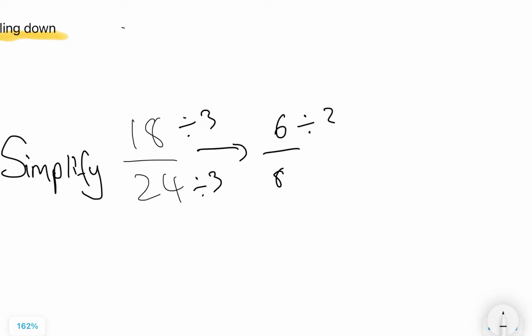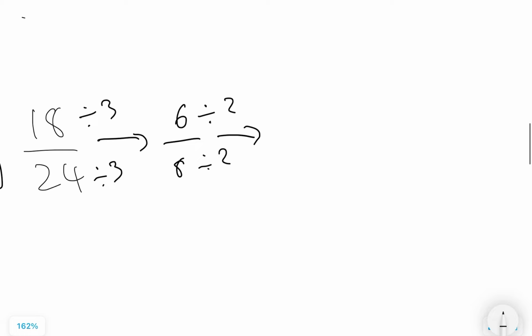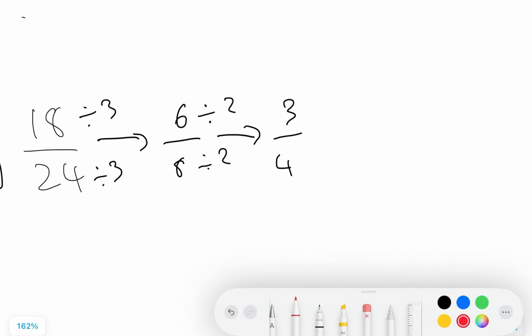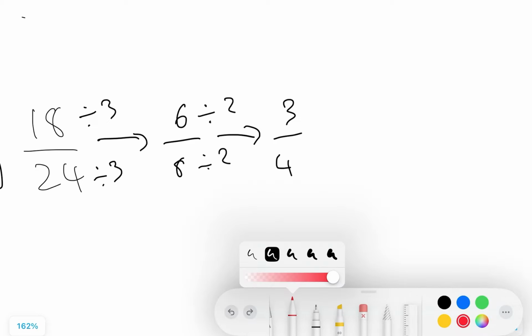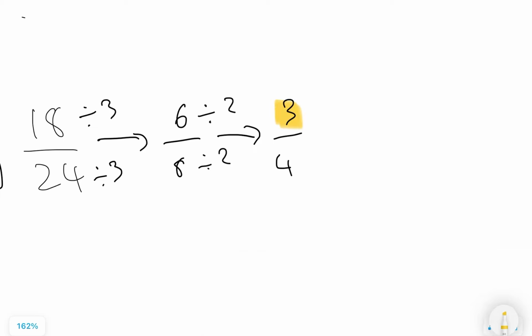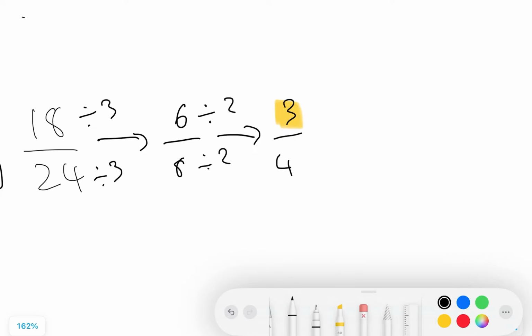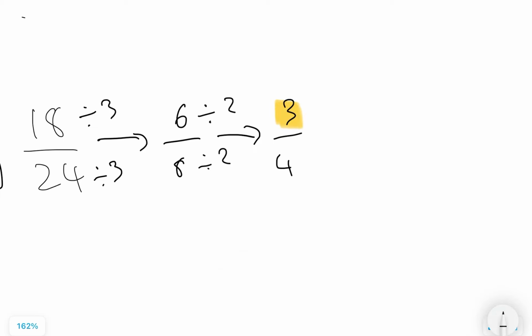So we divide both of them by 2, which gives us 3 over 4. And since 3 is a prime number, this is our final answer.